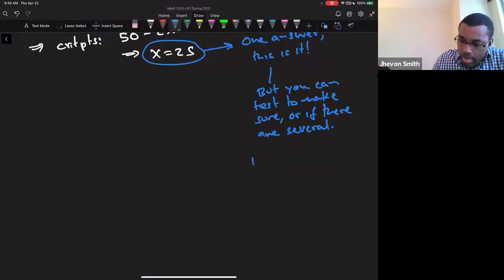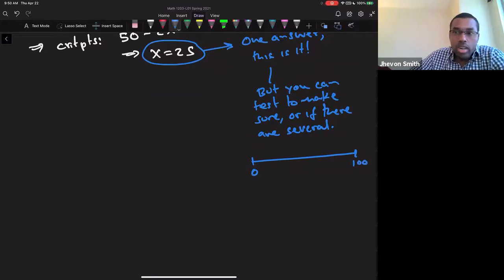The smallest it could be is 0. The largest it could be is 100. Now notice that 0 and 100 do not solve your problem, because if there is 0 length, you don't have an enclosure. Also, if you put all 100 feet of fencing on the length, it means you have 0 width. You don't have an enclosure.